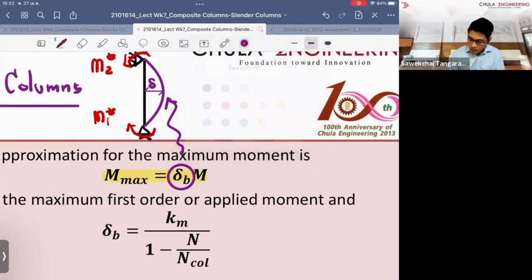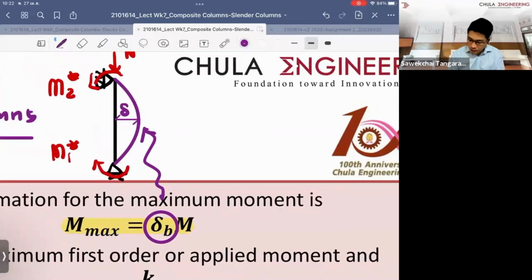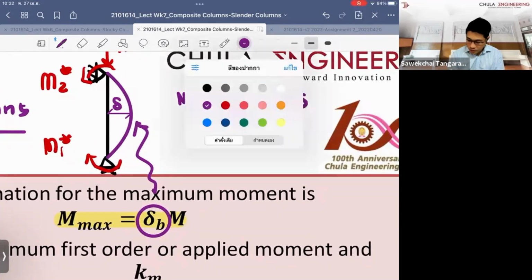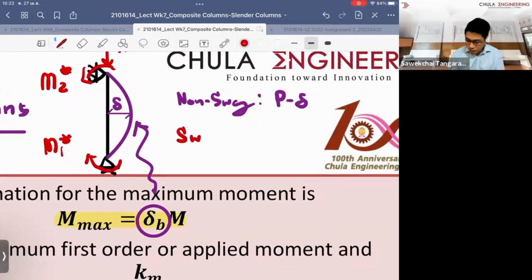So you discuss the concept of P with the small delta, but when you're considering the sway columns, you talk in terms of P-small-delta, and you also have to consider P-big-delta.